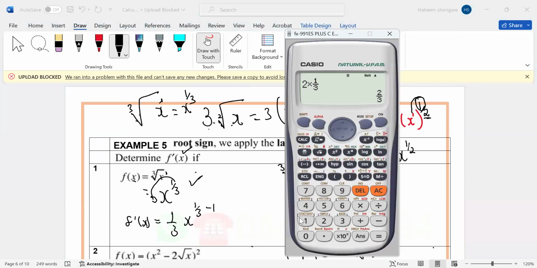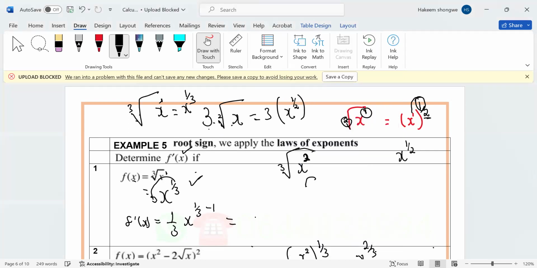Say 1 third, and then we have minus 1. So you're going to have minus 2 thirds. It's fine, right? Now, you can write this as 1/3 x to the power minus 2/3.